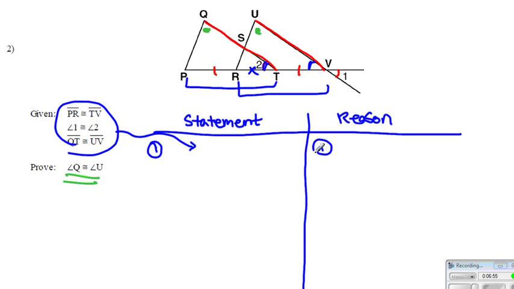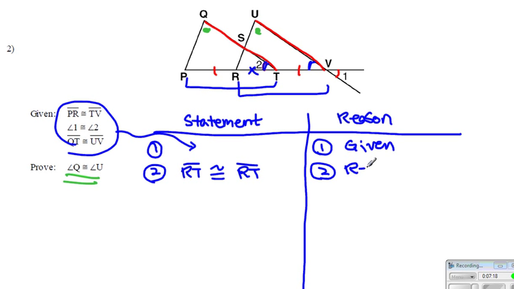And the reason being it's given. Number 2, as we mentioned earlier, RT is congruent to RT. And the reasoning behind it will be reflexive. Of course, anything is equal to itself.